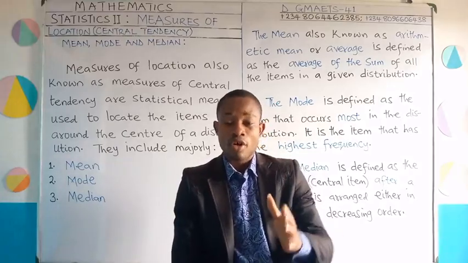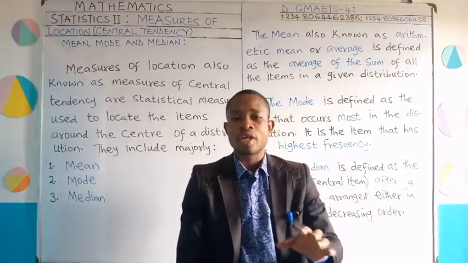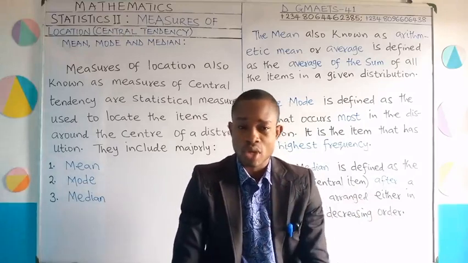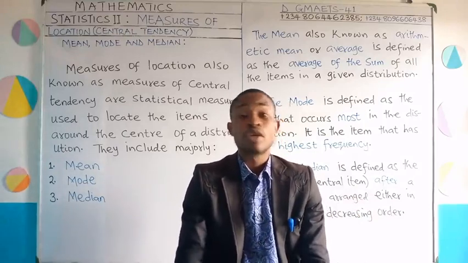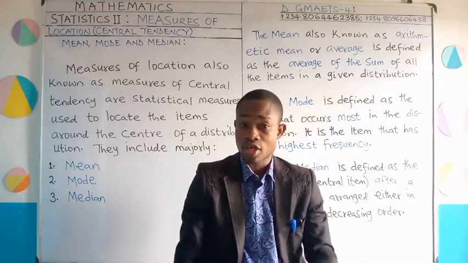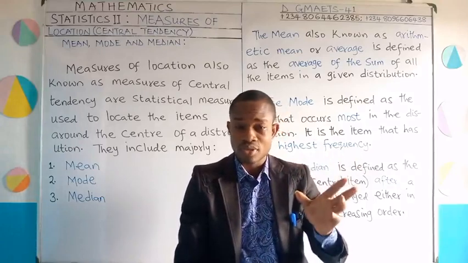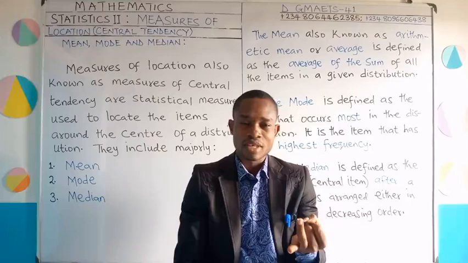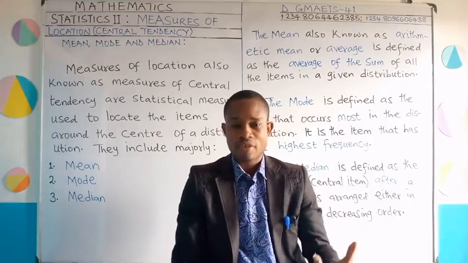You can also call it the arithmetic mean, or simply average. Take note, any one of these 3 words used, the mean, arithmetic mean, or average, they refer to the same thing.